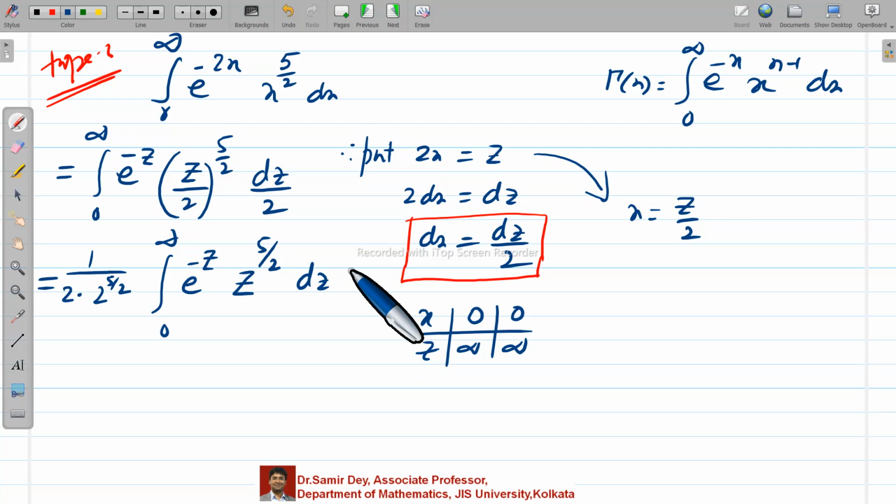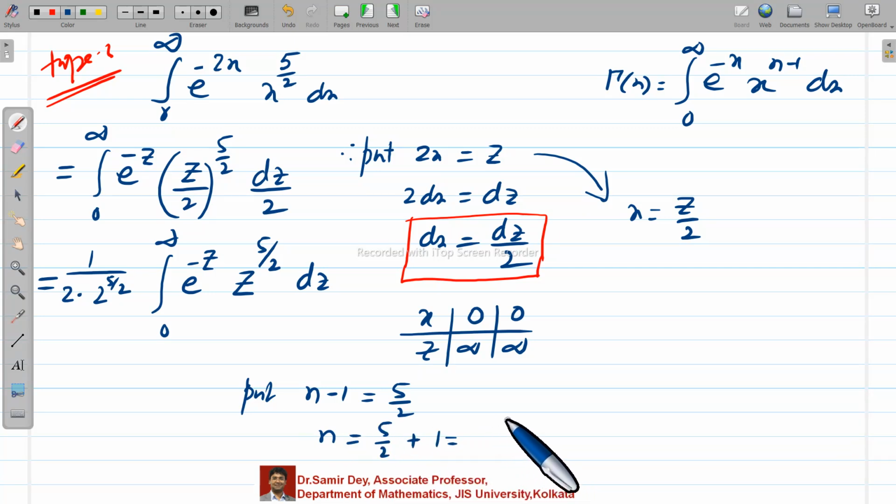Okay. Now this portion, you can check, the range is the same. e to the power minus z is also coming in the same form, and here n minus 1 equals how much? 5 by 2. So please write down, put n minus 1 equals 5 by 2. So what is your n? 5 by 2 plus 1, it is coming 7 by 2. Okay, it is coming 7 by 2.